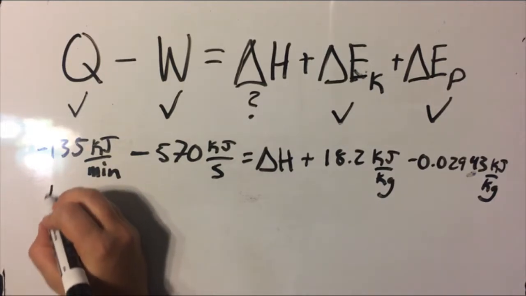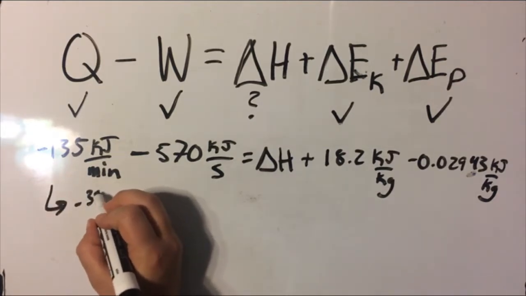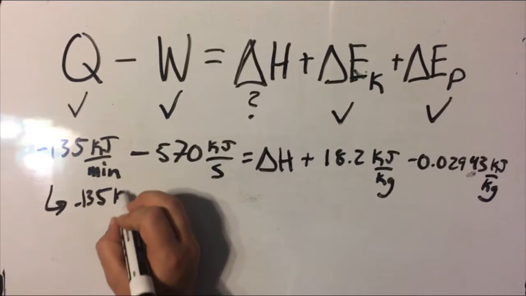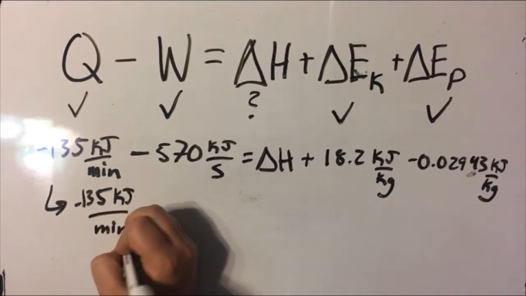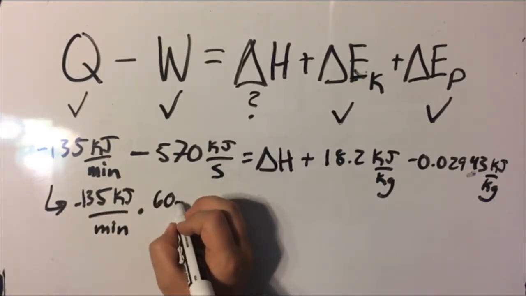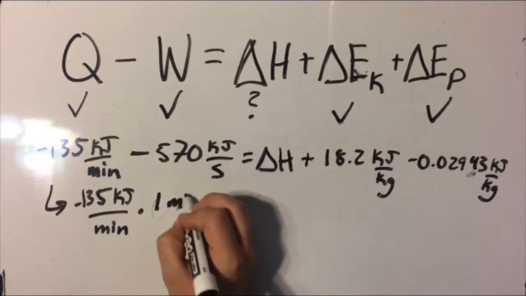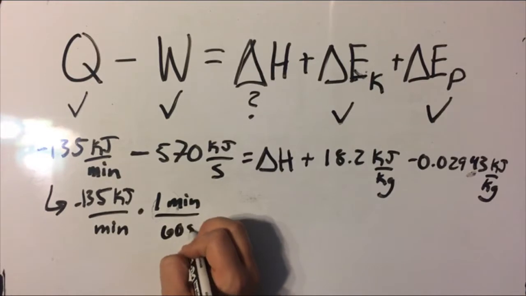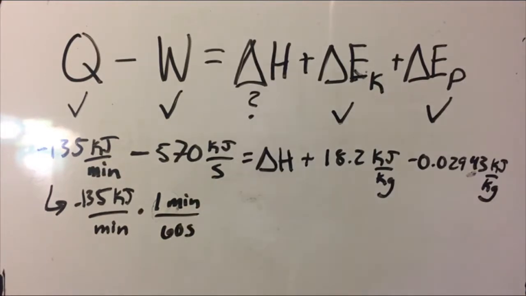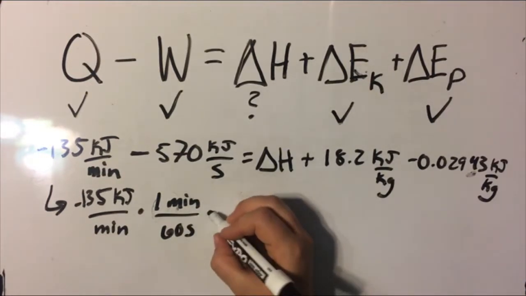Now we're not quite all in the same units, so we're going to have to do a little bit of unit conversion. We'll start with our heat term. We have it in terms of kilojoules per minute, and change that to kilojoules per second. And then we're going to factor in our mass.